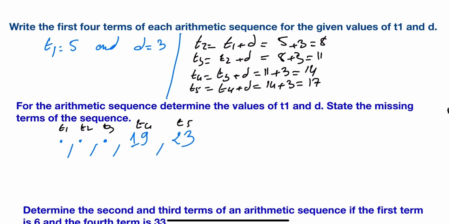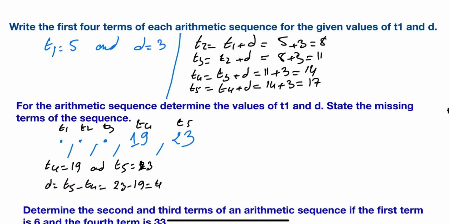So we have T4 is equal to 19 and T5 is equal to 23. So from here we can find our D. D is equal to T5 minus T4, which is 23 minus 19, which is 4. So we have our D.